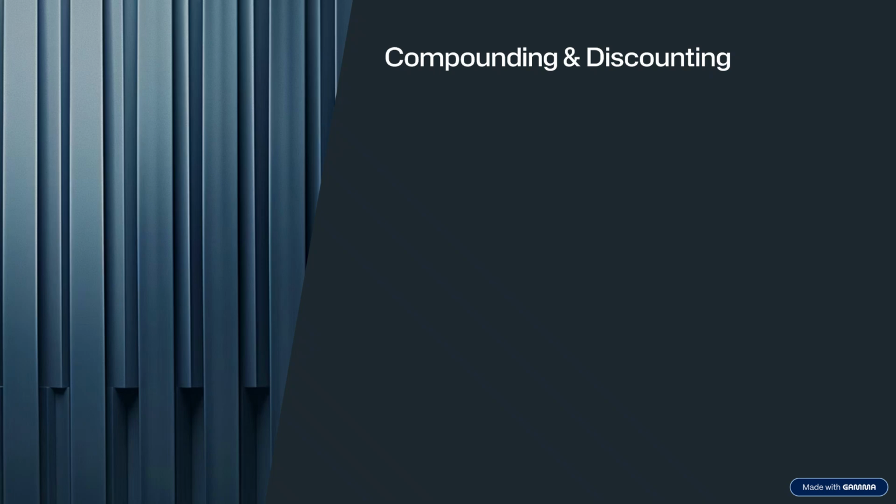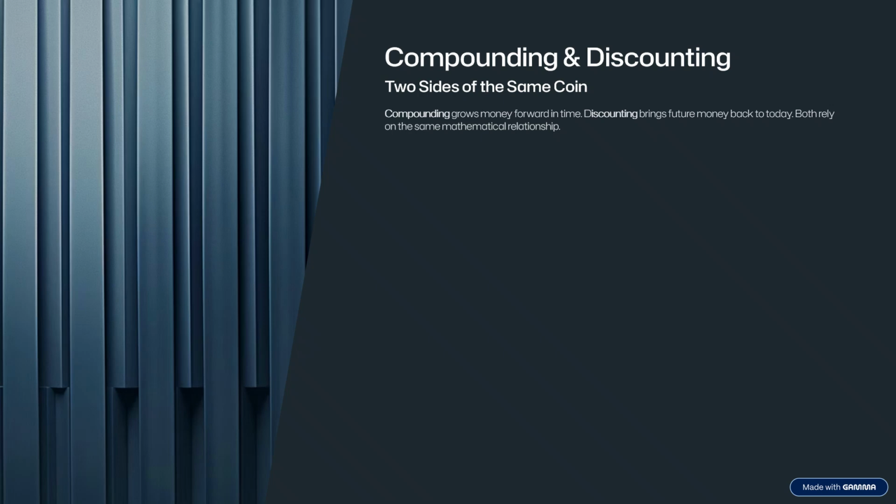The answer is compounding and discounting, the two sides of the same coin. So think of these as the two directions of the same journey. Compounding means moving forward in time, discounting means moving backward in time. Same concept, just opposite directions. Okay, now let's start with compounding.